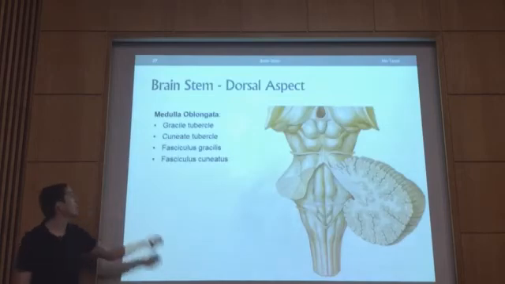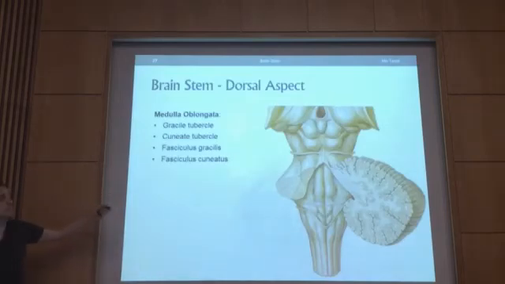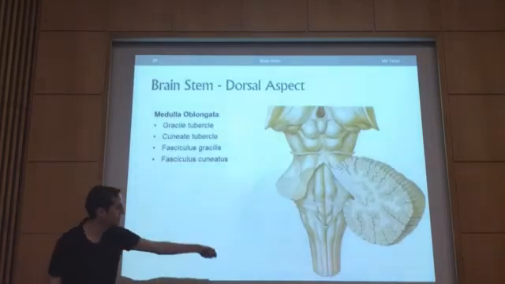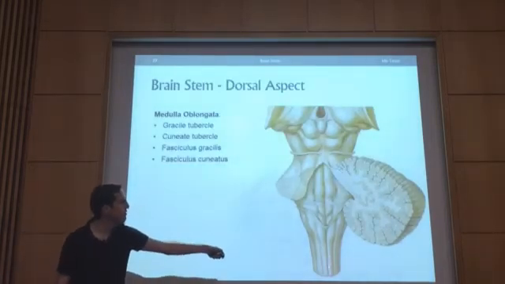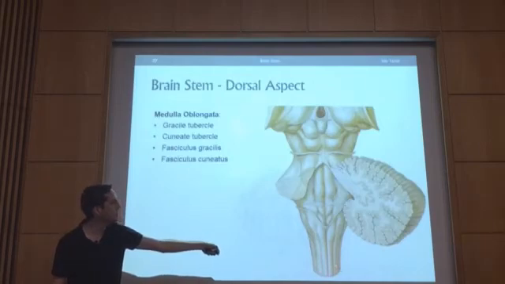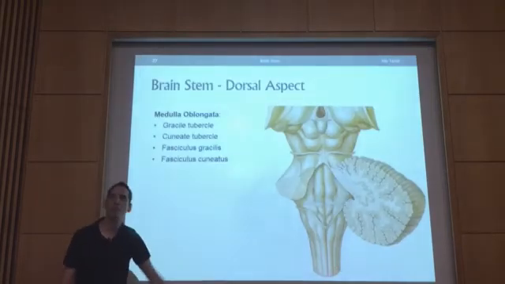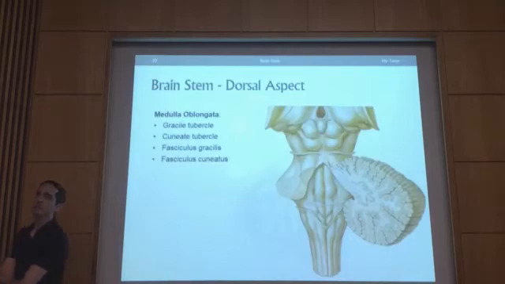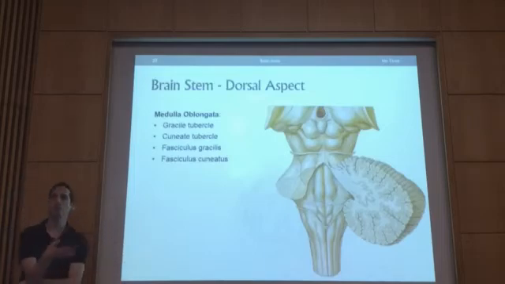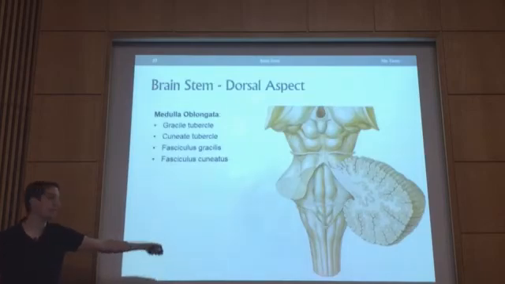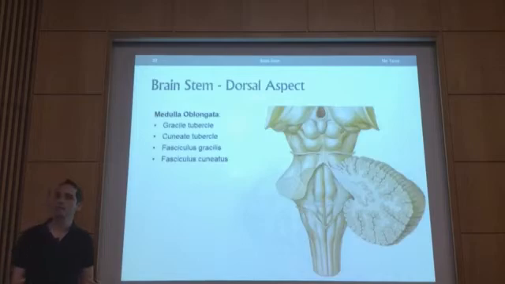Continuous to them are the fasciculus gracilis and fasciculus cuneatus of the spinal cord. So this is the spinal cord, this is the fasciculus gracilis and fasciculus cuneatus, and this is the tubercle. The fasciculus gracilis and the gracile tubercle carry tracts of sensory information from the lower limb.